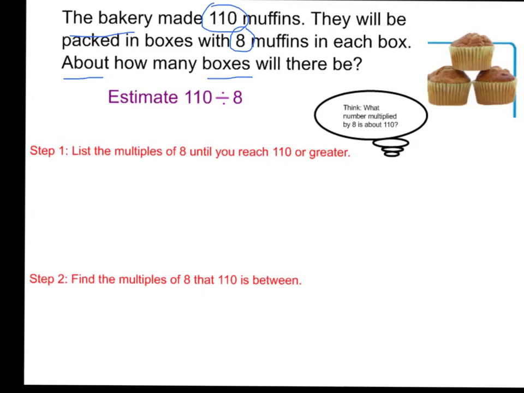So my strategy will be to list the multiples of 8 until you reach 110 or greater. So I'm going to start by skip counting, or listing my multiples of 8.